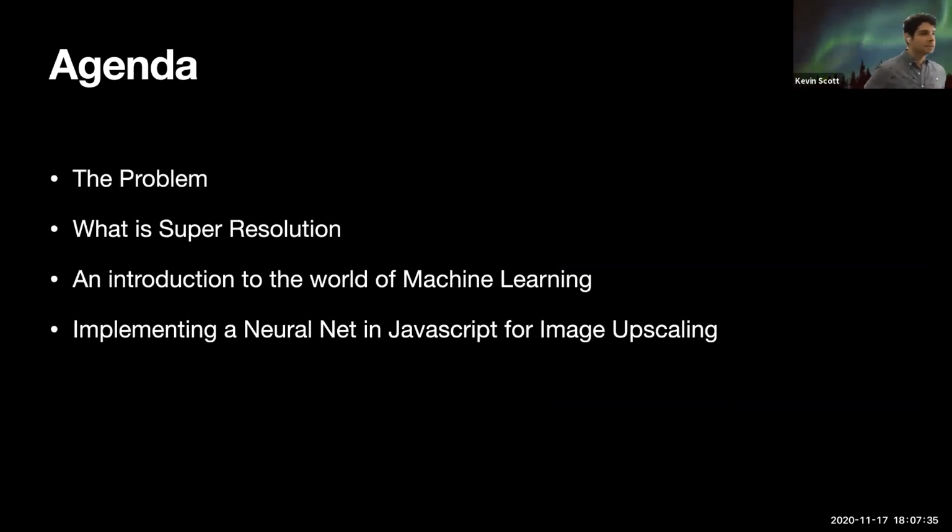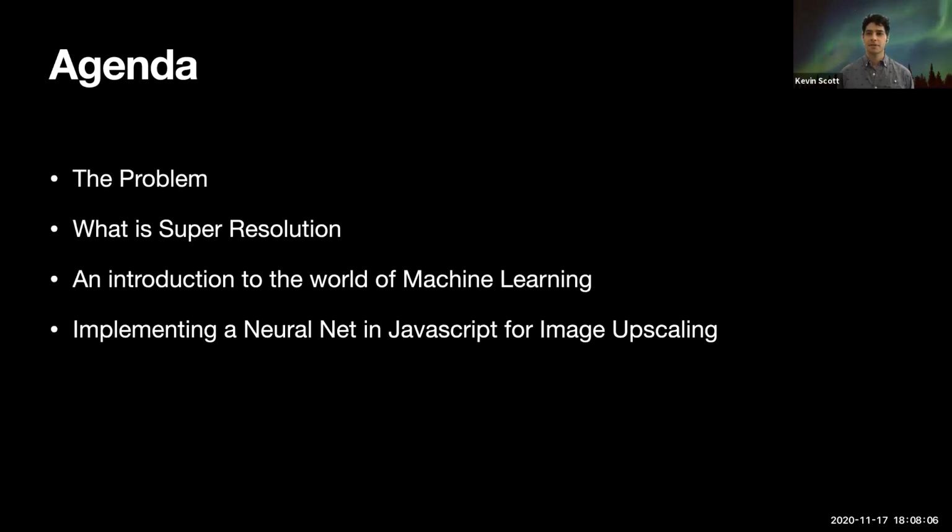So the agenda for this presentation, we're going to start with a problem. Whenever I like to embark on one of these projects, I like to have a clear problem definition that we're trying to tackle, so that we're not just making technical solutions in a vacuum. So I want to talk a little bit about what this tries to solve. We're going to dig in a little bit more on the nitty-gritty of what super resolution is.